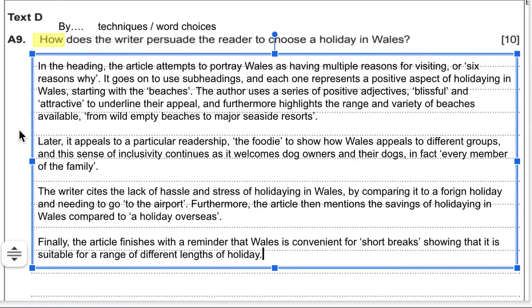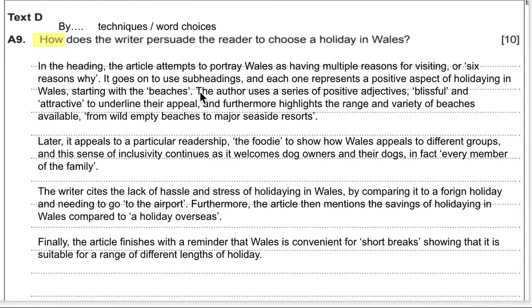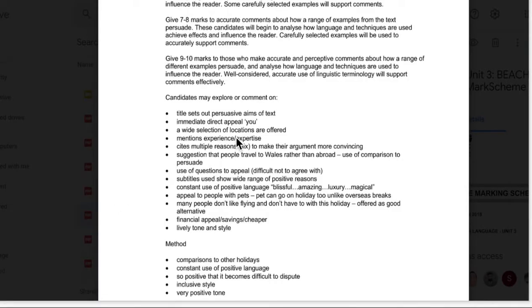Okay, so not an awful lot of writing. We've tried to keep it sort of fairly to the point, particularly these two here. Reasonable flow to it, and then if we have a look at the mark scheme, let's see which bits we included. So we talked about the title.